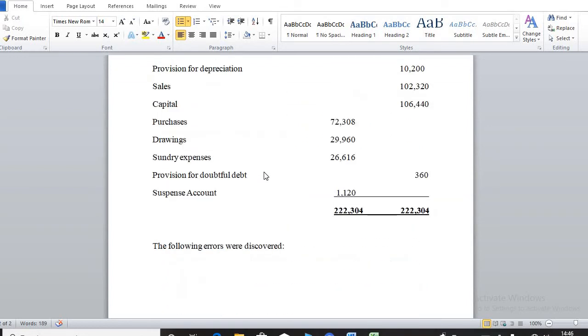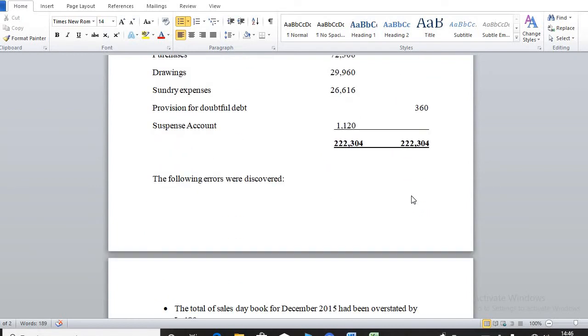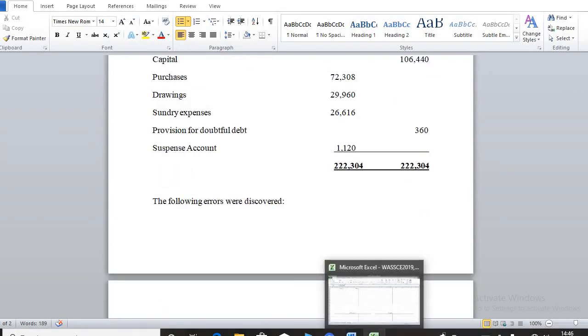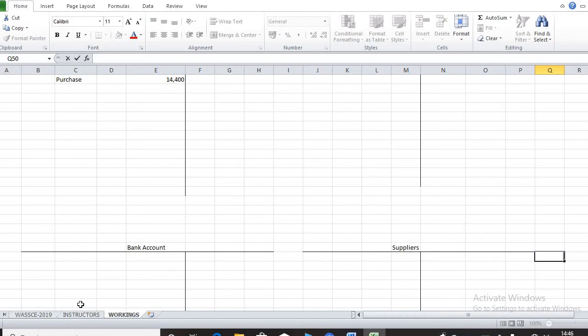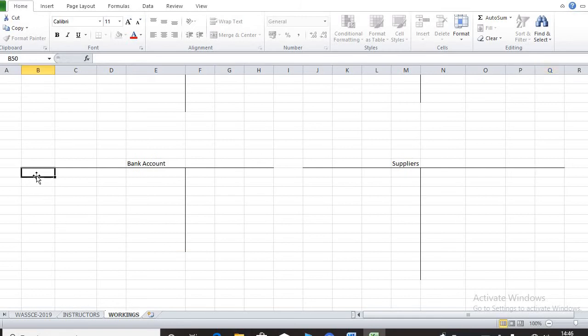So this one, we are going to credit the creditor's account, then we debit the bank account. Okay, so let's go back to our solution board. We go to our workings, we open the bank account, and we say we are going to debit the bank account in the name of suppliers.